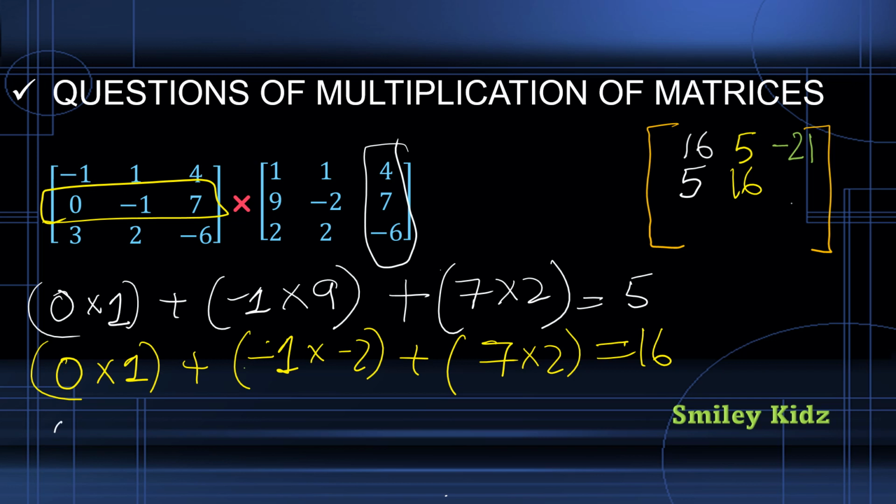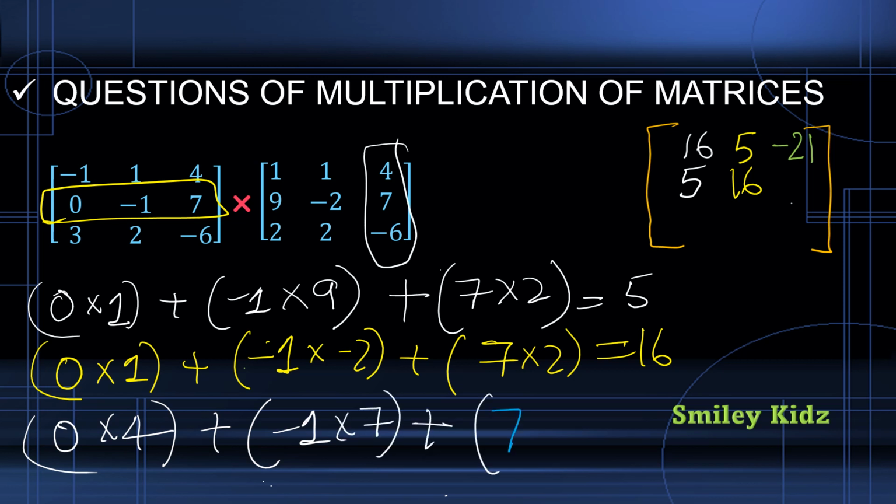This is going to be equal to 0 into 4 plus minus 1 into 7 plus 7 into minus 6. What is this going to be equal to? Minus 7 minus, what is 7 times 6? It is 42. This is going to be equal to minus 49.